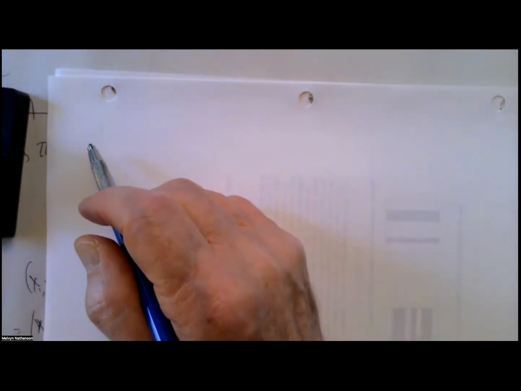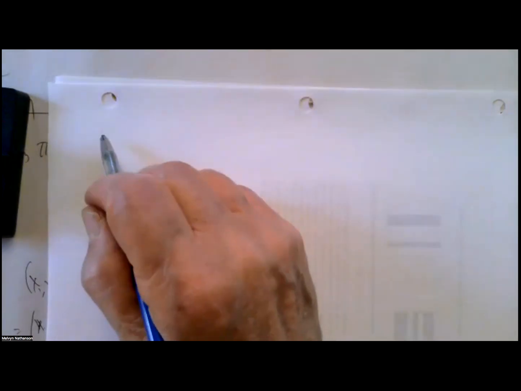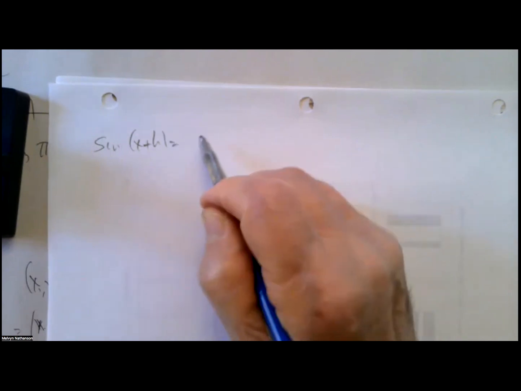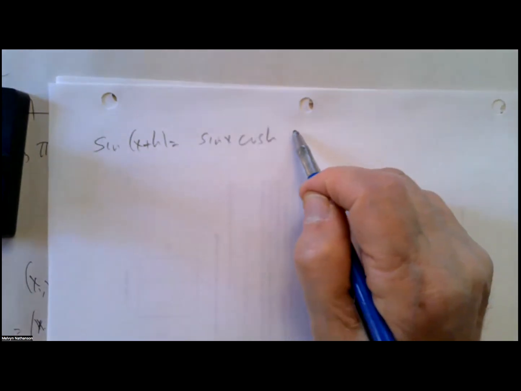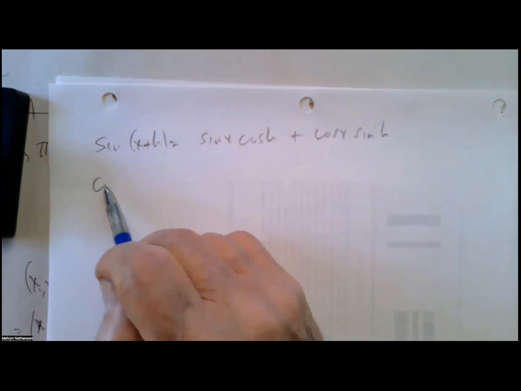So now let's compute the derivative of the sine and then the derivative of the cosine. Let's see. So you have to know the addition formulas. You have to know that sine of x plus h is sine x cosine h plus cosine x sine h.